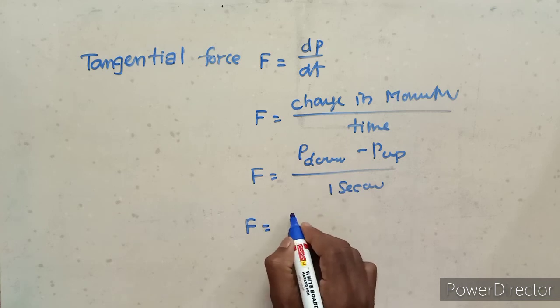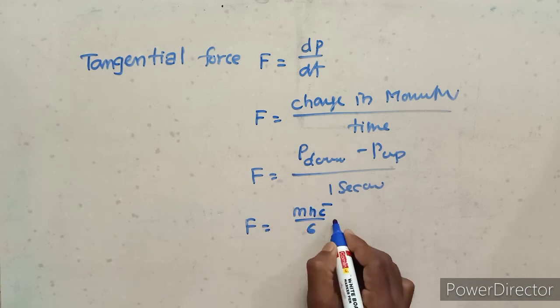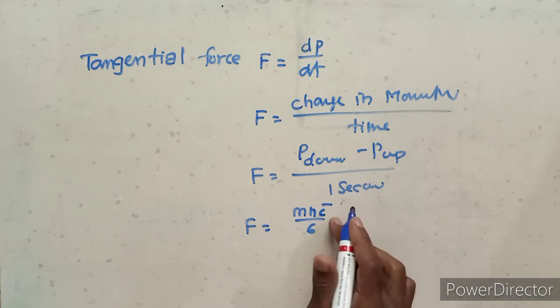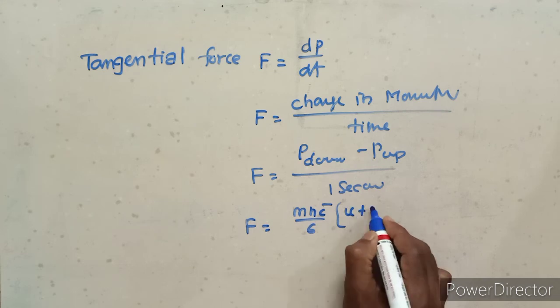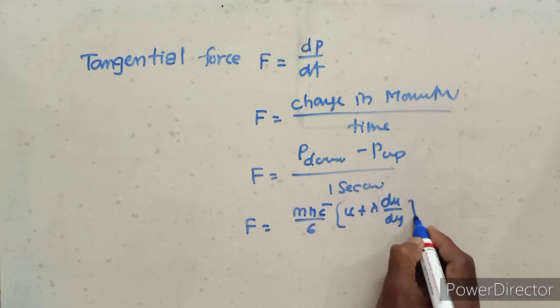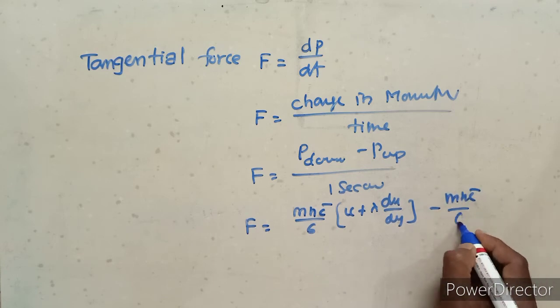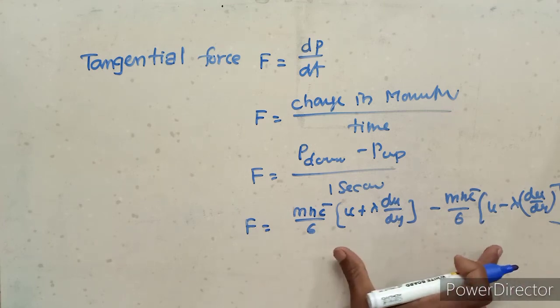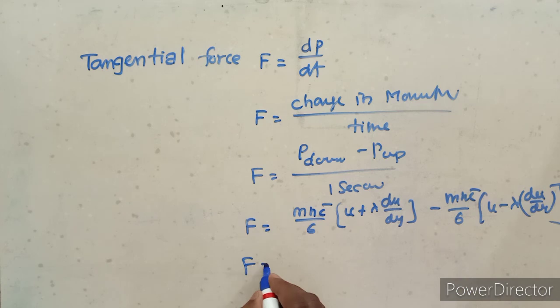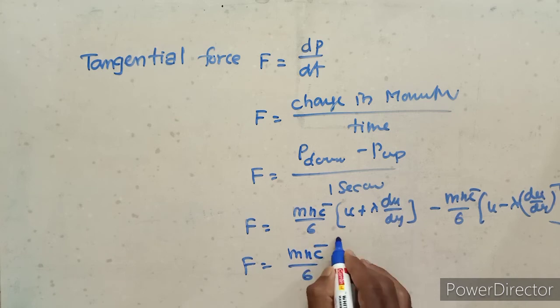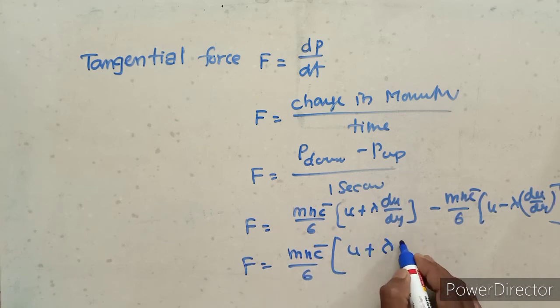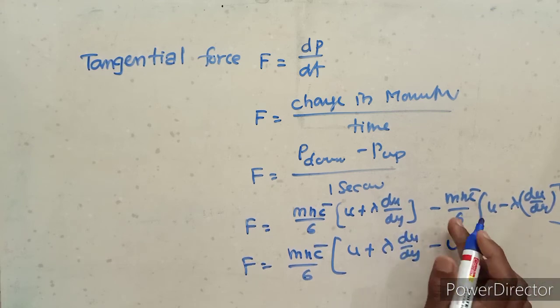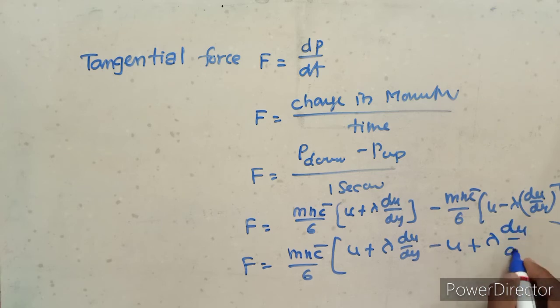Momentum downwards is m n c bar upon 6 into u plus lambda du upon dy, minus m n c bar upon 6 into u minus lambda du upon dy, per 1 second, so the denominator is 1. Taking m n c bar upon 6 common: u plus lambda du upon dy minus u plus lambda du upon dy.